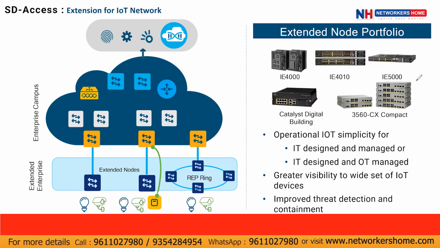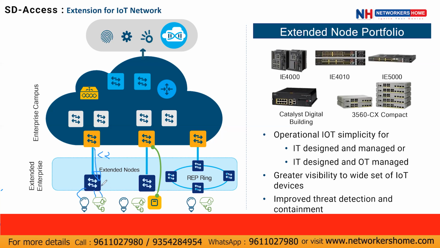How would you differentiate it from normal wired connectivity? If you had to explain it in two lines, how would the connectivity be? An extended node connects to the edge node using L2, and these IoT devices are not smart devices. They are either a camera, smart lighting, or a PA controller.